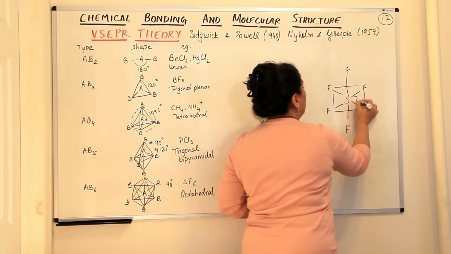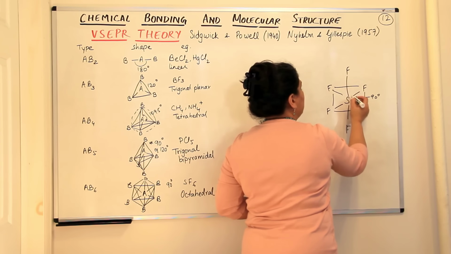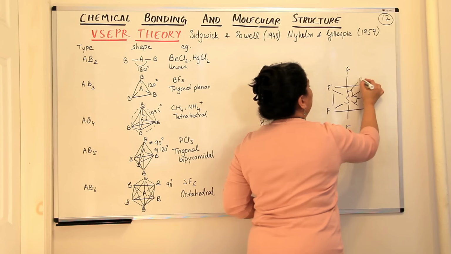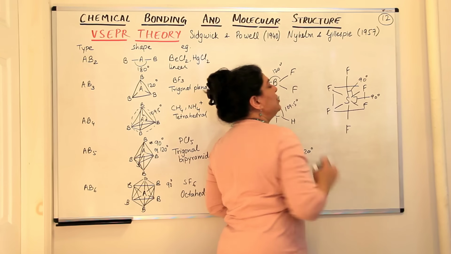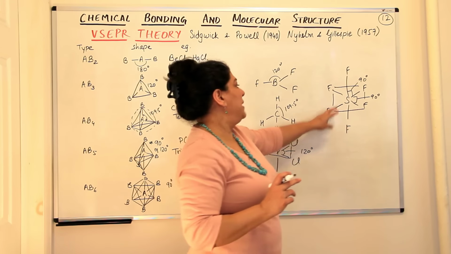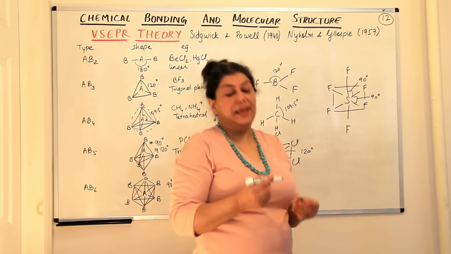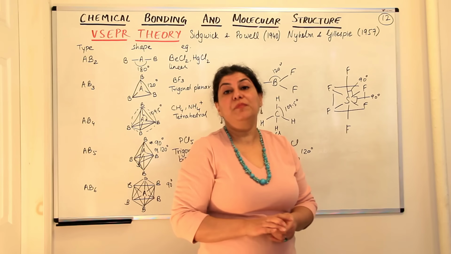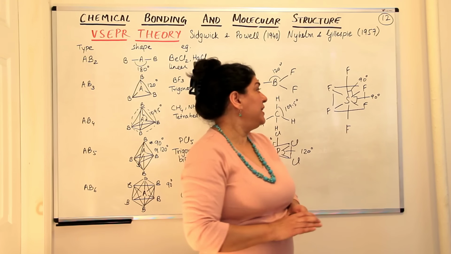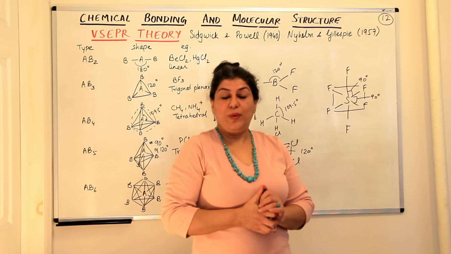And each bond is at 90 degrees with each other, and the axial bonds also have an angle of 90 degrees with each one of these 4, and 180 with the other axial bond, but 90 degrees with each neighboring atom, you may say. So with each neighboring atom, the fluorines, they have a 90 degree angle, which offers minimum repulsion. So these were the symmetrical structures according to the VSEPR theory.